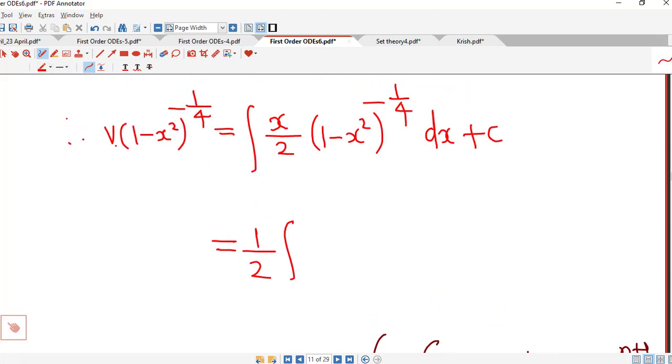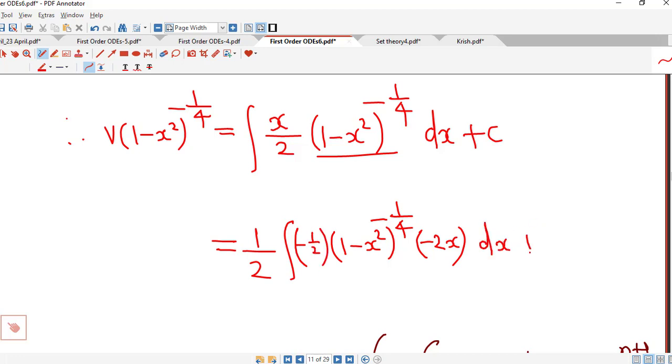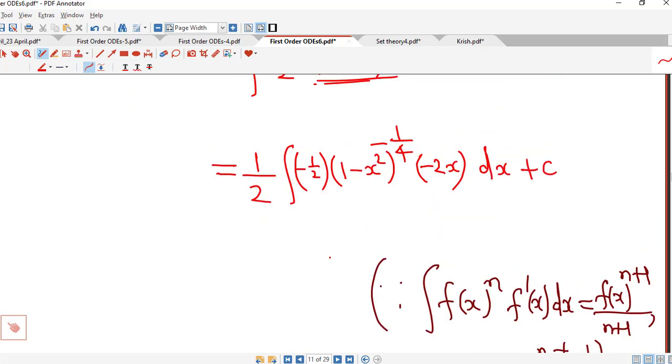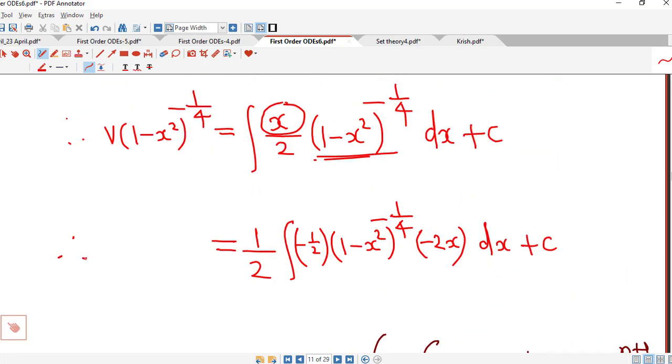We can observe that derivative of 1 minus x square is minus 2x. So here also we can set that derivative: 1 minus x square raised to minus 1 by 4, and I multiply with minus 2, so I have to divide by minus 2, dx plus c, and here power is minus 1 by 4. So we have rewritten x as minus 2x divided by minus 2, and therefore, what is our v?